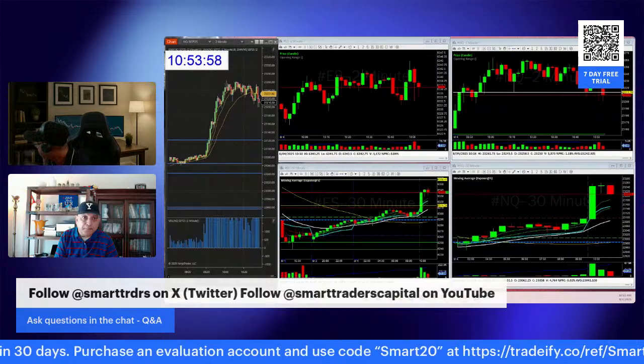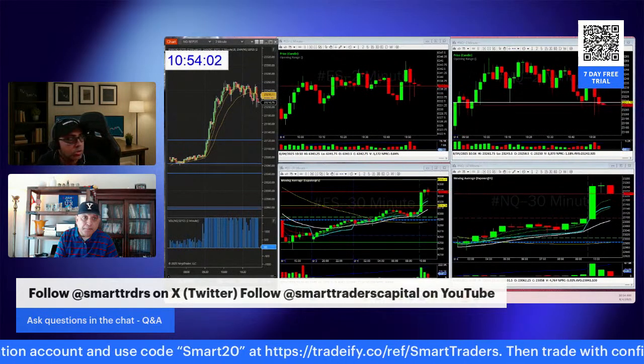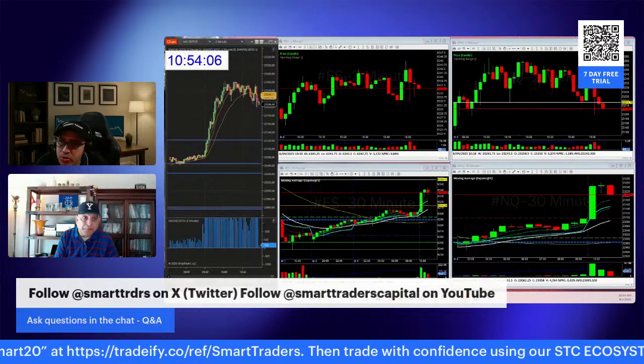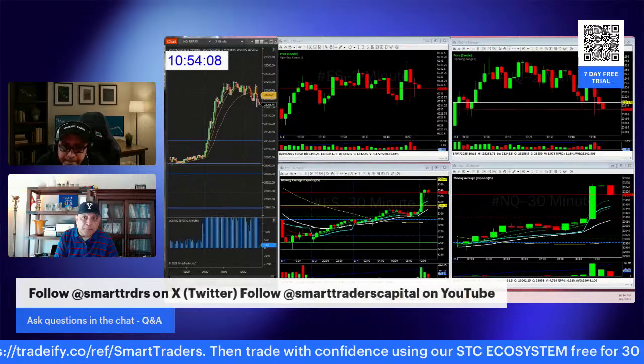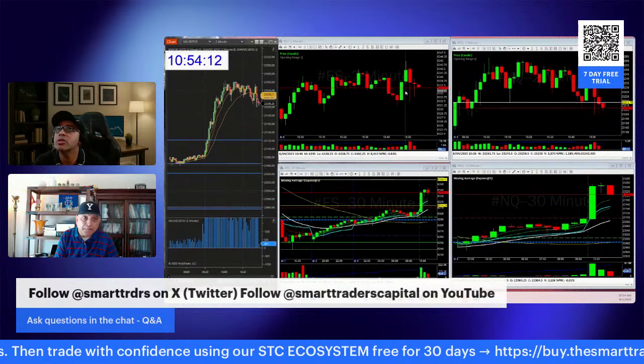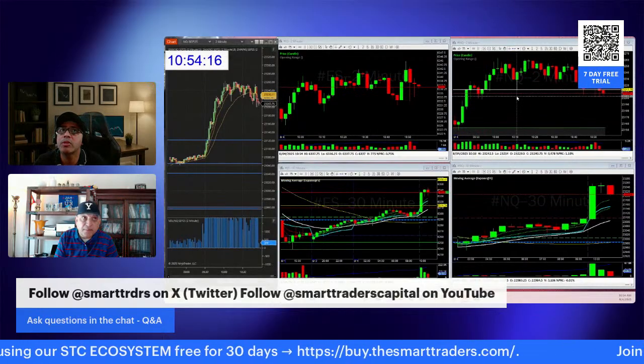Okay, so again it's holding it. Let's see if it's going to break down under 200, then I'm going to go short. Watch, it's really holding it. This 200 is a key level, it's bouncing again and again.